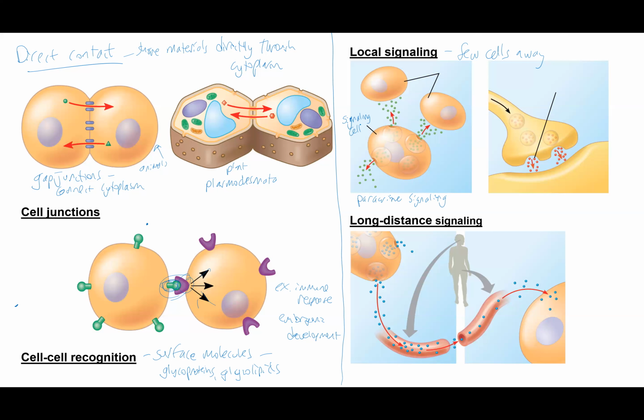And it's going to send that message out molecularly, so chemically. Do humans communicate chemically? Pheromones are chemical signals that humans and animals can use. But again, this is only talking about a few cells away.